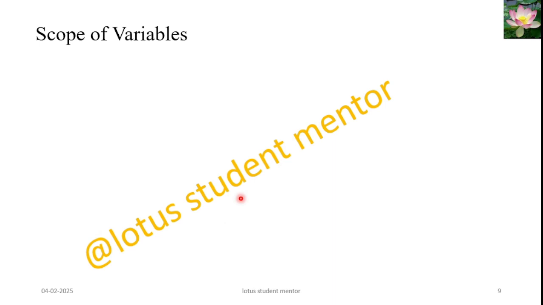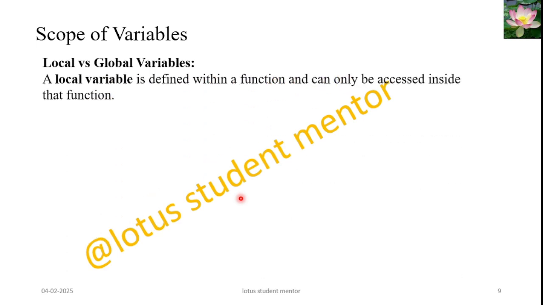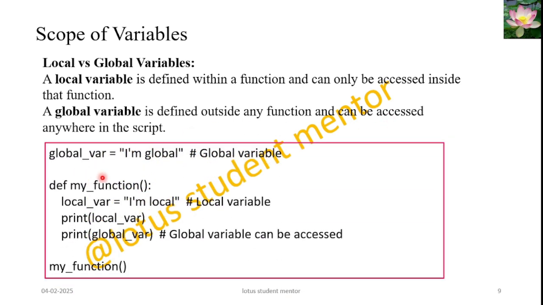Now what is the scope of a variable? There are two types of scope, local variables and global variables. A local variable is defined within a function and can only be accessed inside the function, whereas a global variable is defined outside any function and can be accessed anywhere in the script. Let us see the example. In this program you can see the global variable, I am global. Now I define my function, where the local variable is I am local.